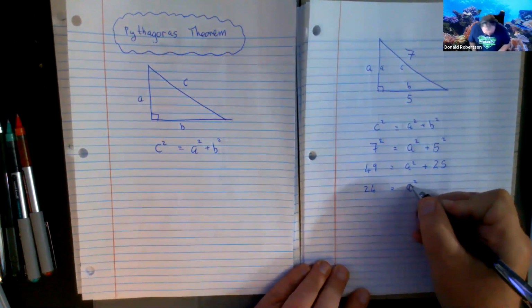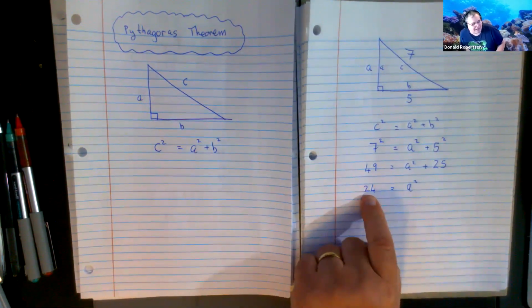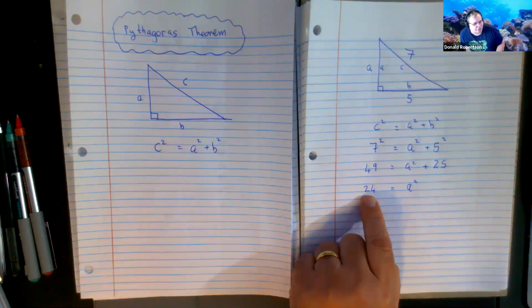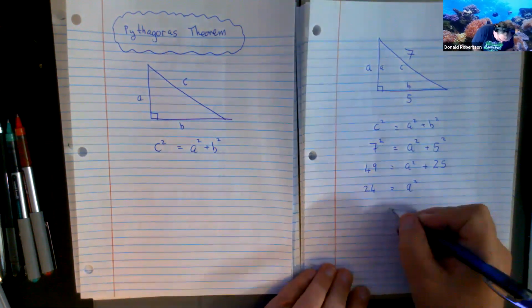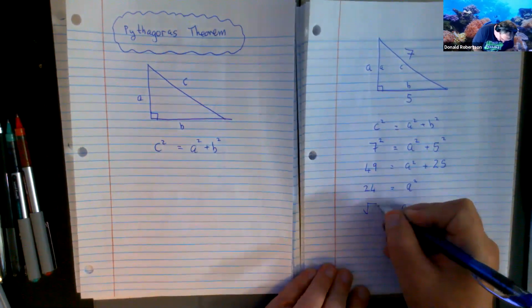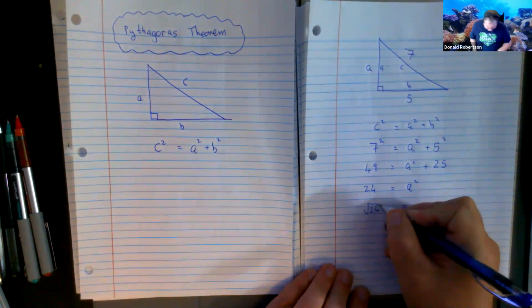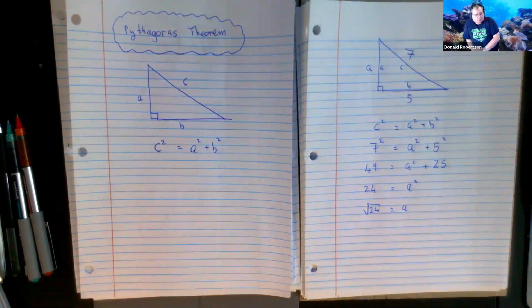In a really nice question, wouldn't that number be a nice number like 36 or 49 or 64? Because then we could take the square root of both sides. And I am still going to do that. And the answer would be a positive number because it's a side, the square root of 24.